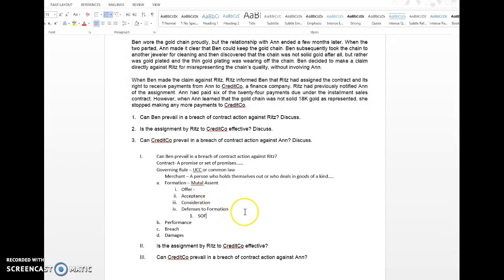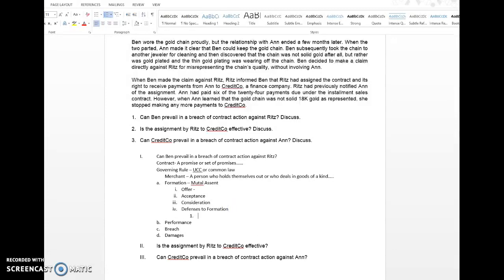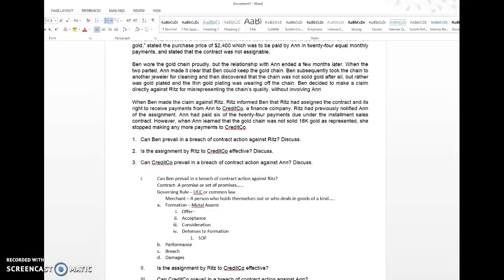So by the time you get down here, you can just take it out. You can essentially erase it, and you don't have to worry about it. But if you have it here, then you know that if it is in the fact pattern, you don't want to forget that. And that's the biggest part, not forgetting discussable issues.